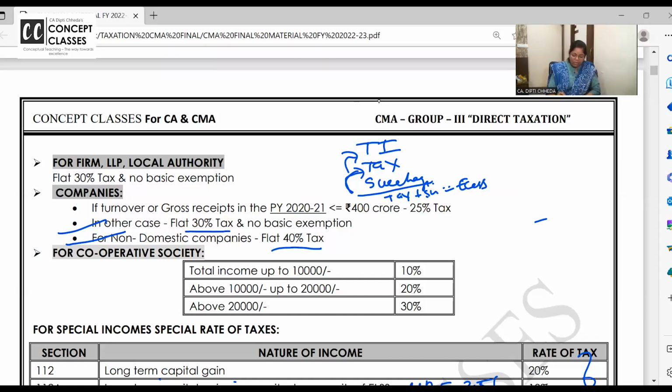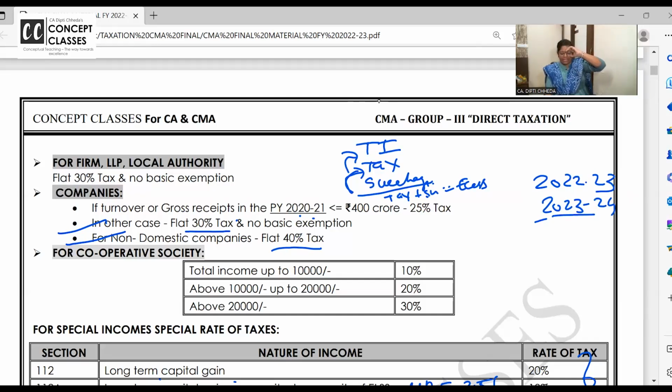Okay. Now, if the turnover of 2021, not 21-22, not 22-23, two years before. What is your financial year or previous year, dear students? 22-23. What is the assessment year? 23-24.